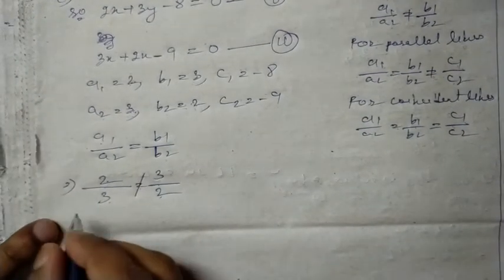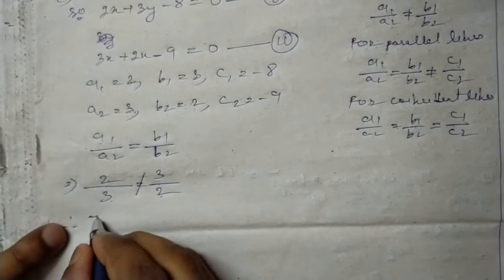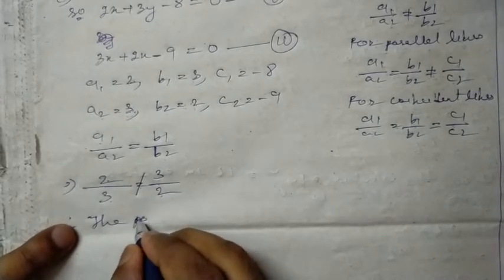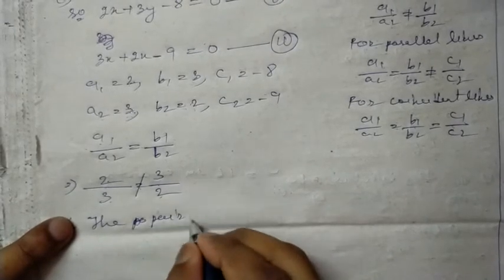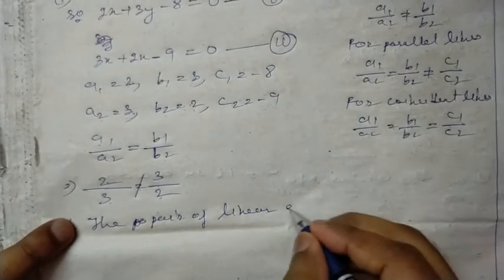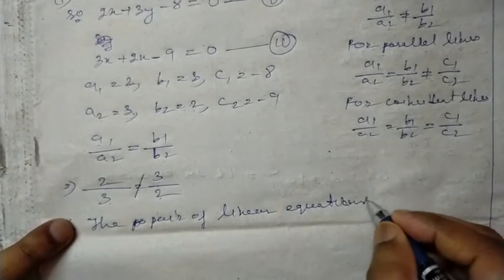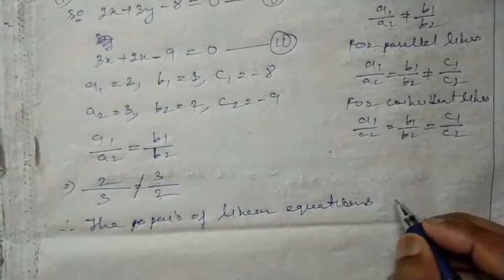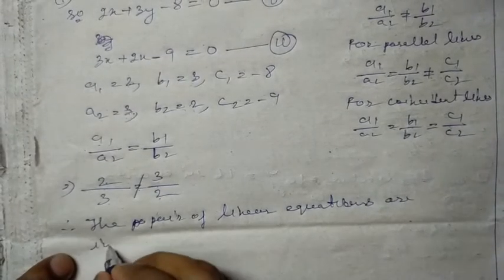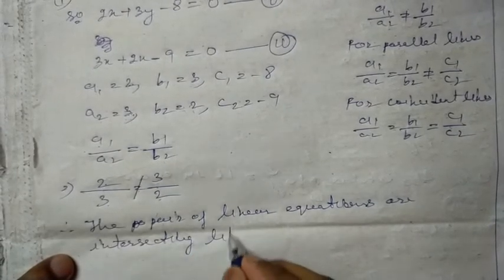So we can say the pair of linear equations are intersecting lines.